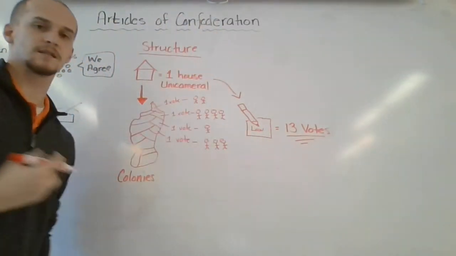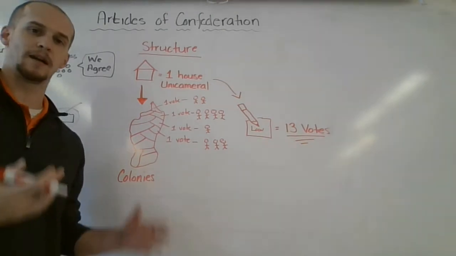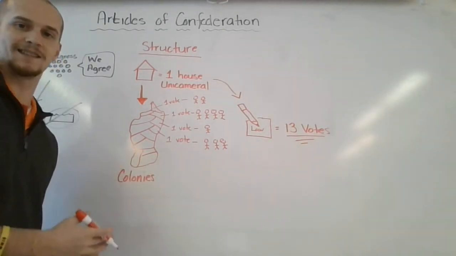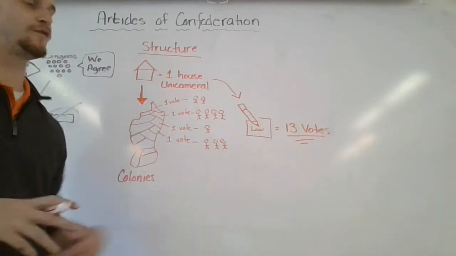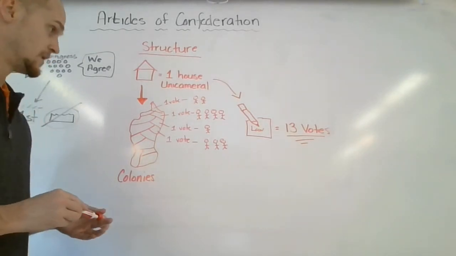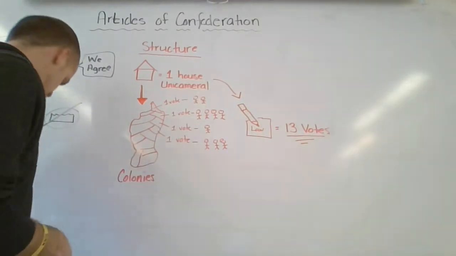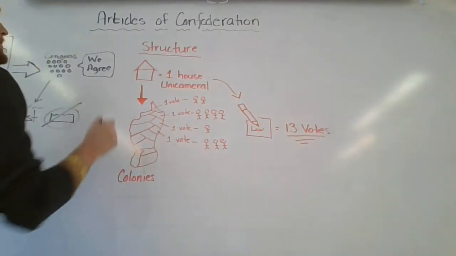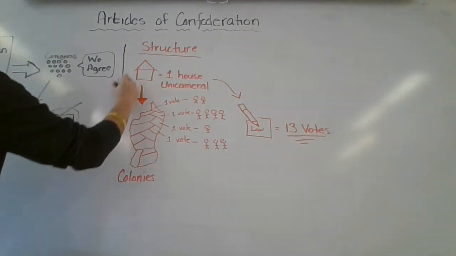You needed 13 individual states operating in 13 individual ways to agree on any federal law that was supposed to be put in place. So that is the structure and the setup for the Articles of Confederation.